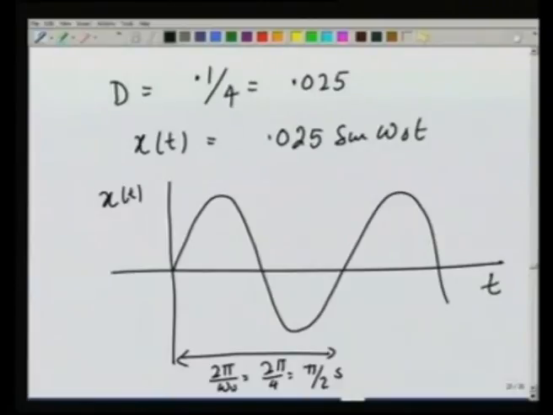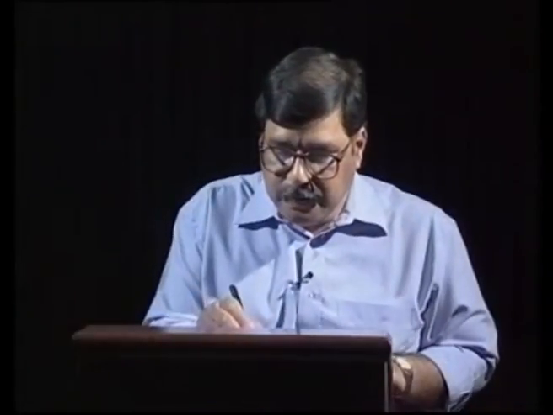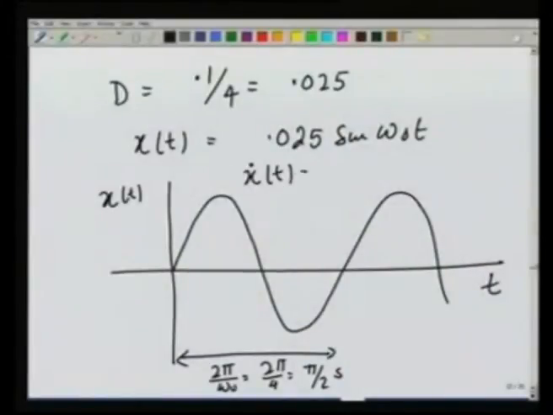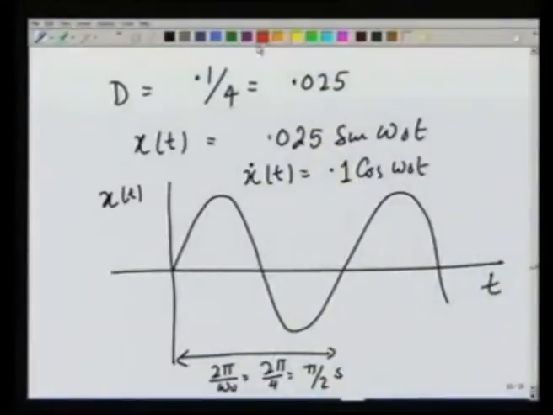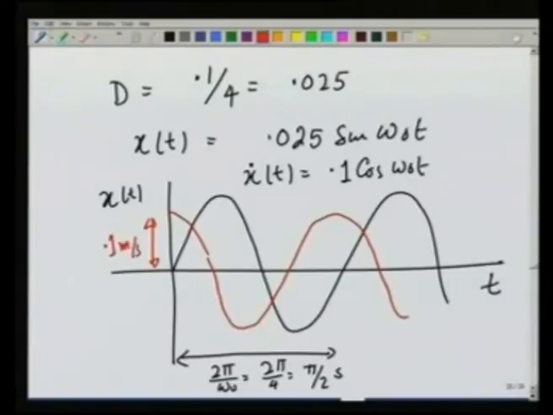The velocity in this case, x dot t, is going to be 0.1 cosine of omega 0 t, as you can see easily by differentiation, and therefore when I plot it, it will look something like this, with the maximum being 0.1 meters per second at t equal to 0, with which we really hit the mass in the beginning.